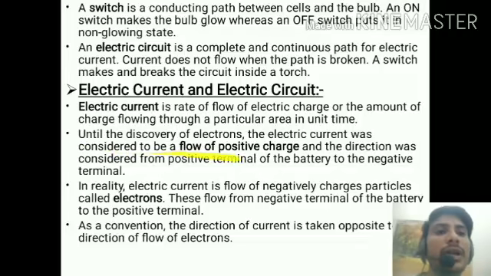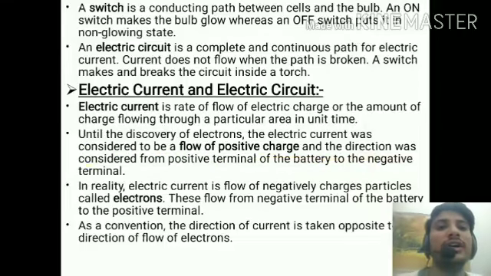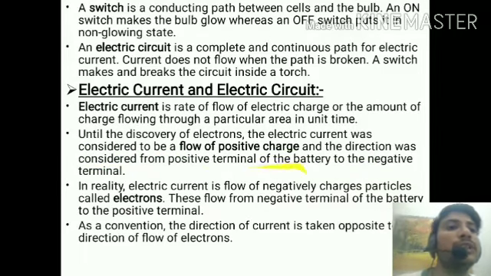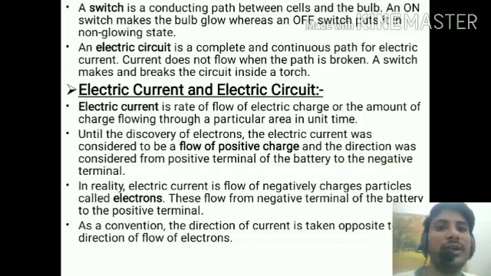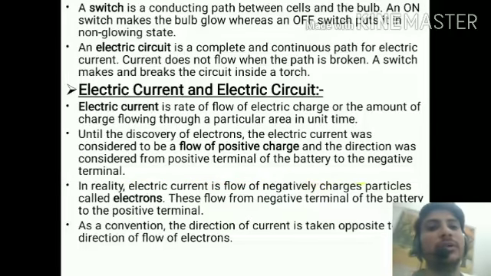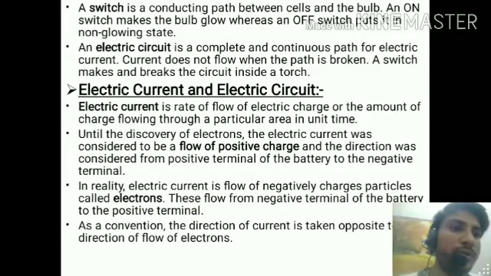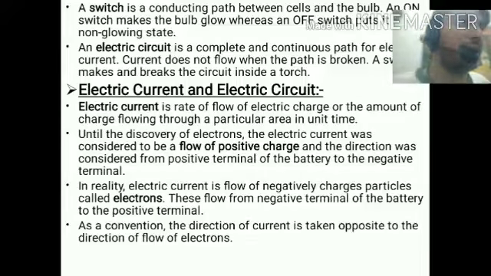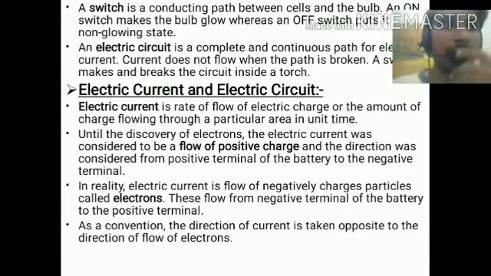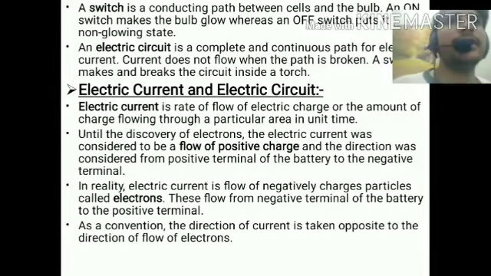Until the discovery of the electrons, the electric current was considered as a flow of positive charge, and the direction was considered from the positive terminal of the battery to the negative terminal. In reality, the electric current is the flow of negative charge particles called electrons. Electron is a negative charge particle. Basically, flow of current means flow of electrons.